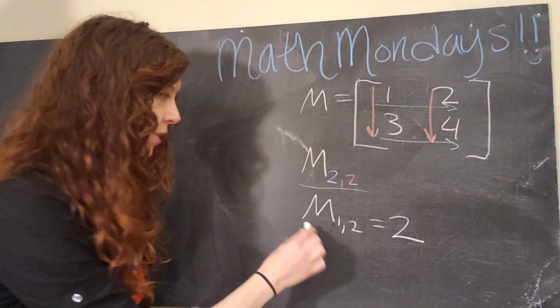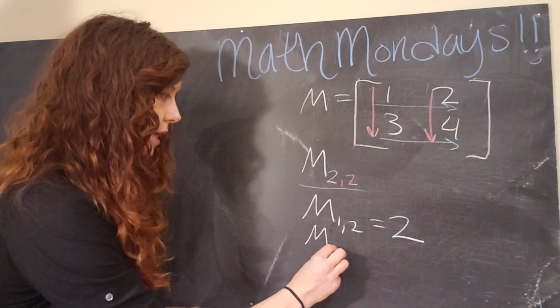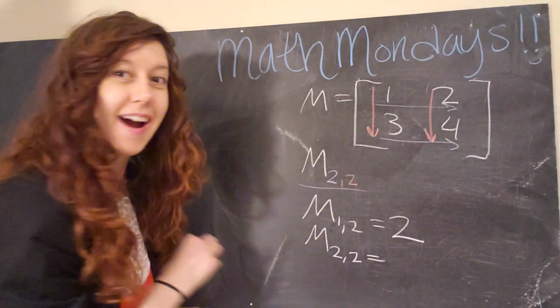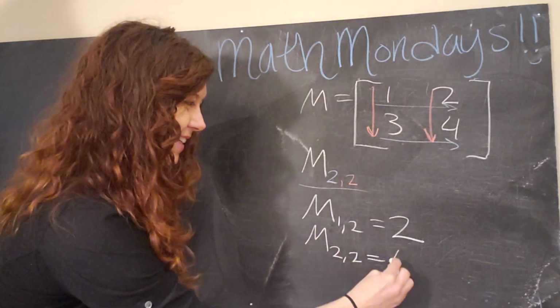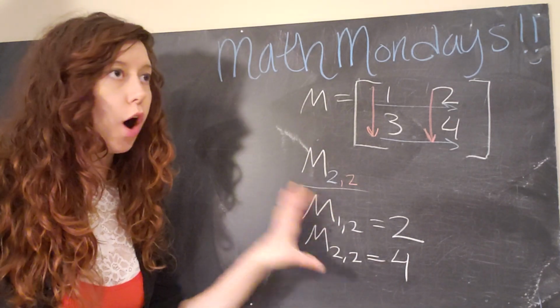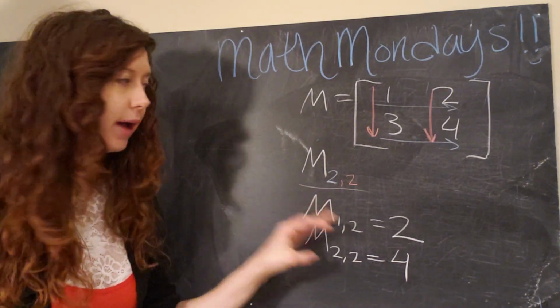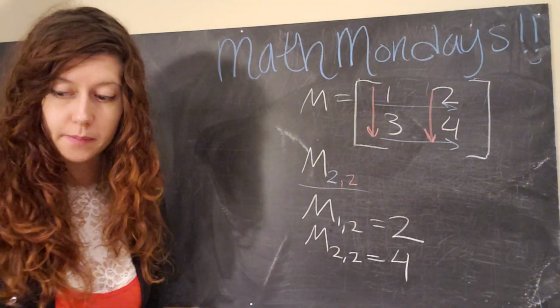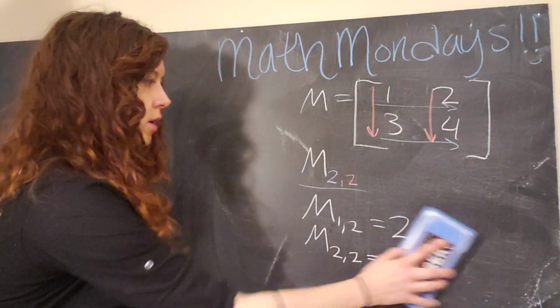Pretty straightforward, right? I could ask, what is M2,2? And that would be 4. And so I can do operations on individual elements in M as long as I make it clear what I'm doing.